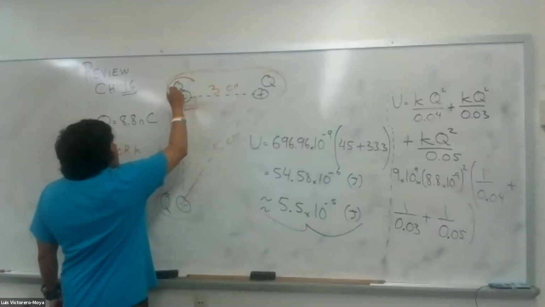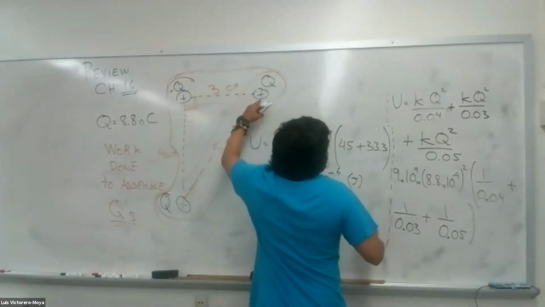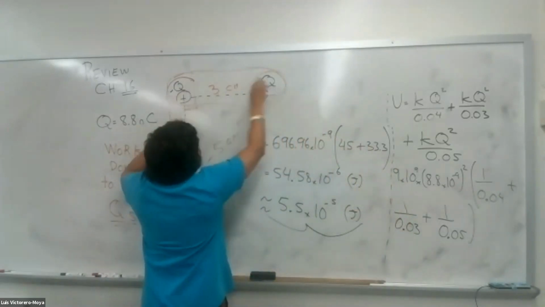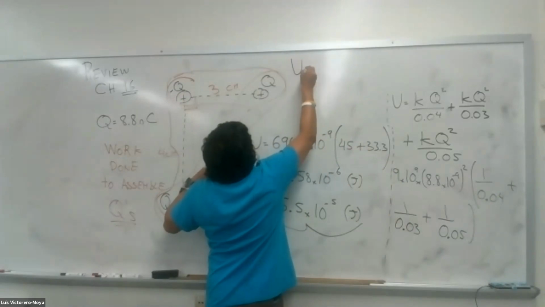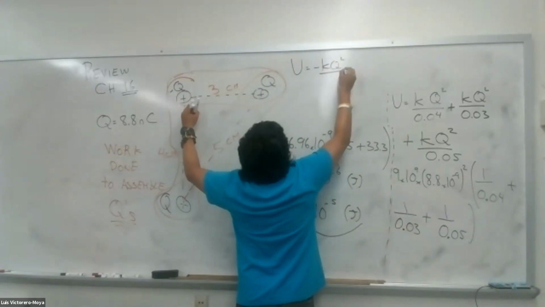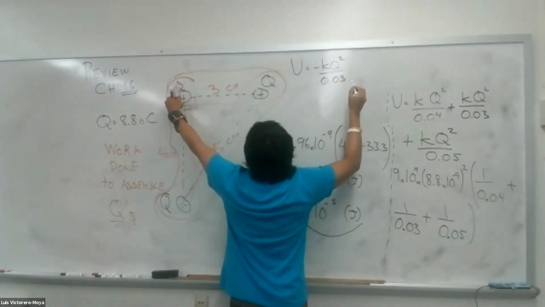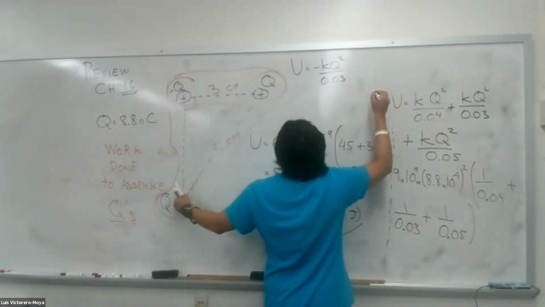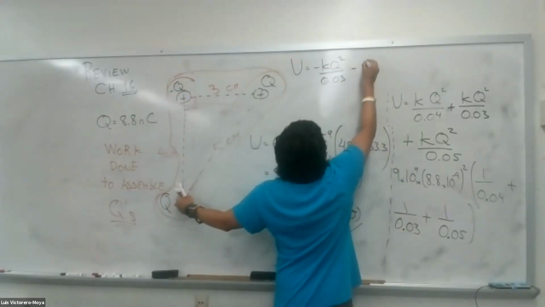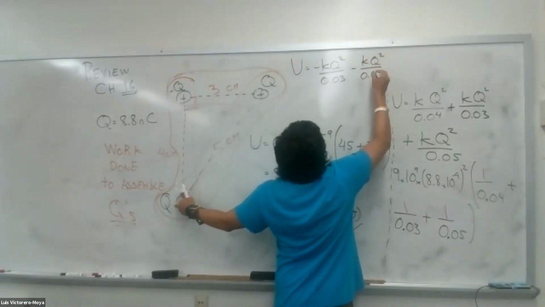If one were negative. Okay, yes, so if one was negative, let's suppose this one here, okay? Between these two, if this was negative, you will have minus KQ squared over this. Because of the minus, these two will also be minus K over 0.04.